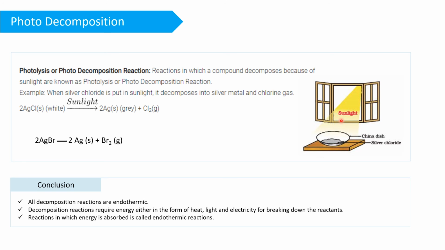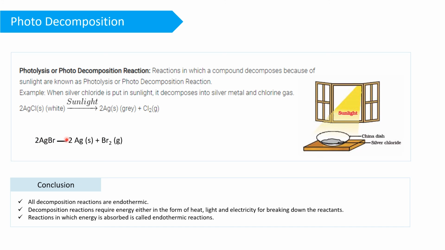If you expose it to sunlight, keep it outside for an hour, or keep it under the light, it will start decomposing. Due to the presence of light, silver chloride decomposes to silver metal and chlorine gas.